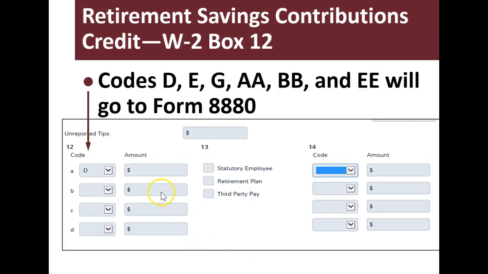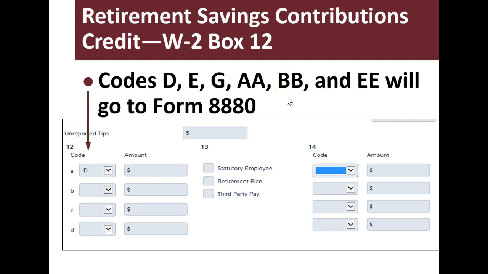So Box 12, the valid codes are D, which is a 401k, E is a 403b, and G, I think, is a Form 457 Plan, and the double letters are the Roth versions of D, E, and G. Now, these are Roth plans that the employer provides.